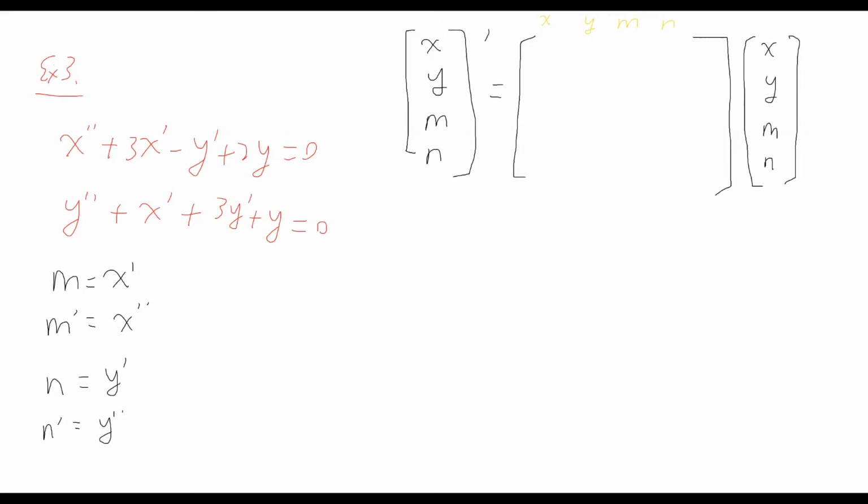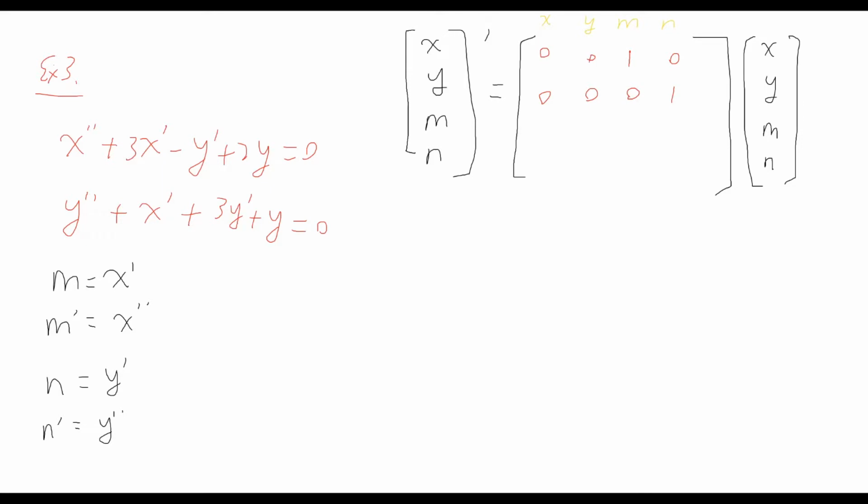Okay, so for x prime, we have 1 at m right here, and then everything else is 0. All right, and y prime is defined as n, right? So we have 0, 0, 0, 1, right? 1 on the end.